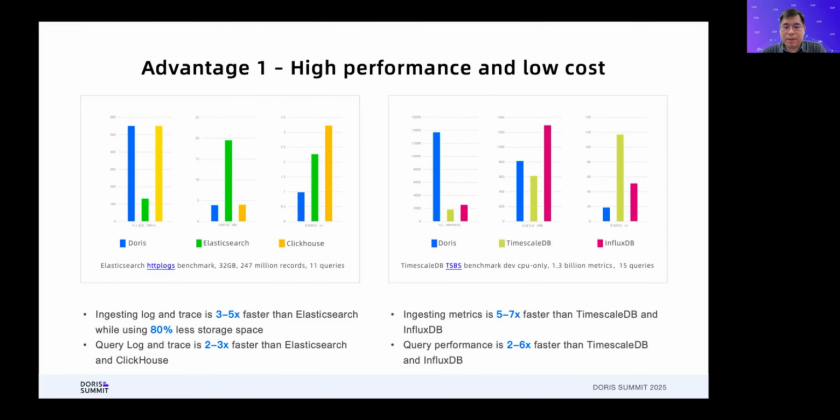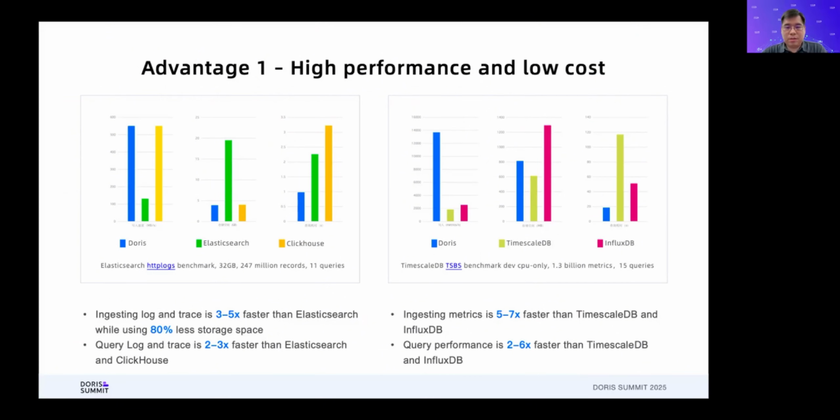One thing I'd like to mention is that even though Doris is not another time series database, the optimization for ingestion and for aggregation queries also benefits the metrics use case.